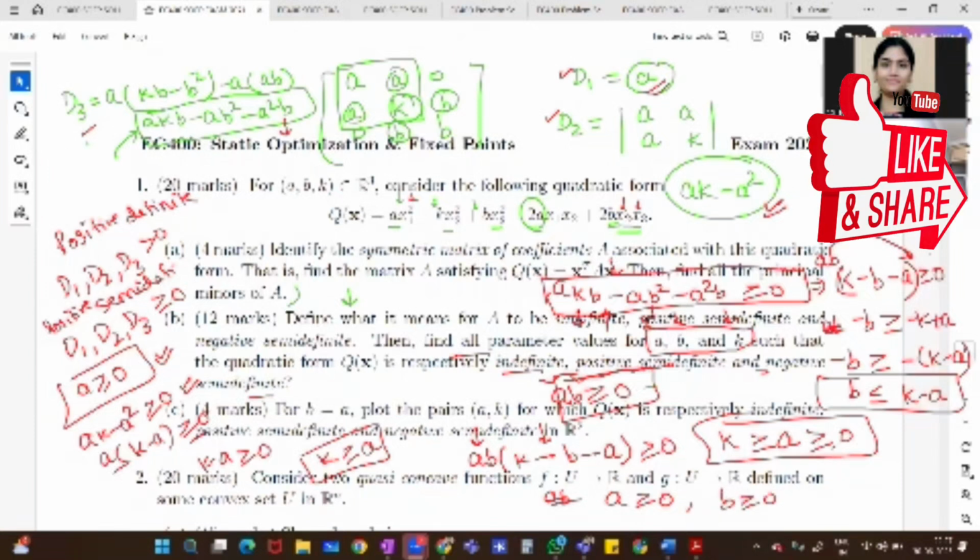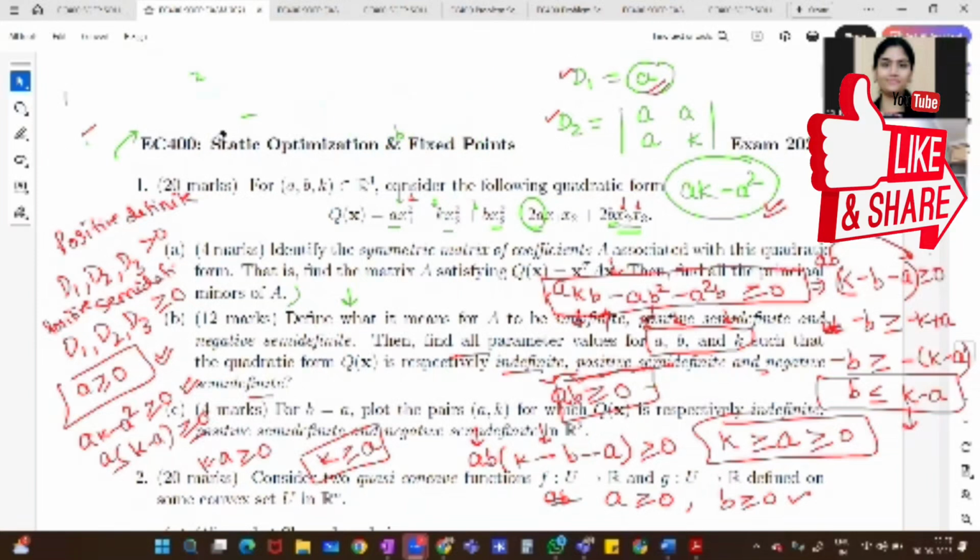A is greater than 0, B is greater than 0, and B is less than or equal to K minus A. So this is how we've got this. If we generalize, B is less than this but greater than 0. So my inequality becomes, just bear with me, let me find the space to write.